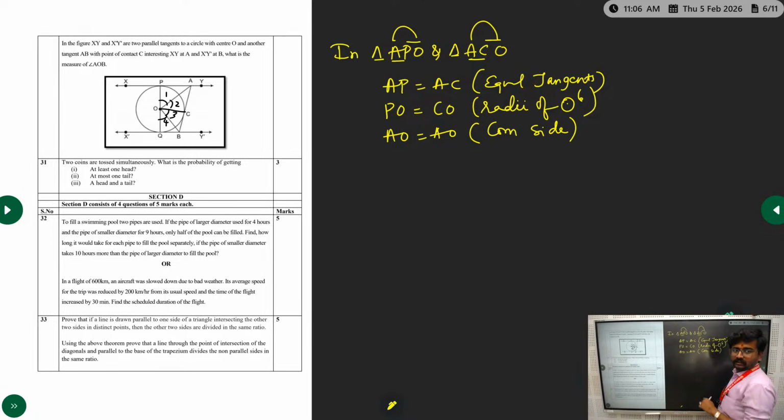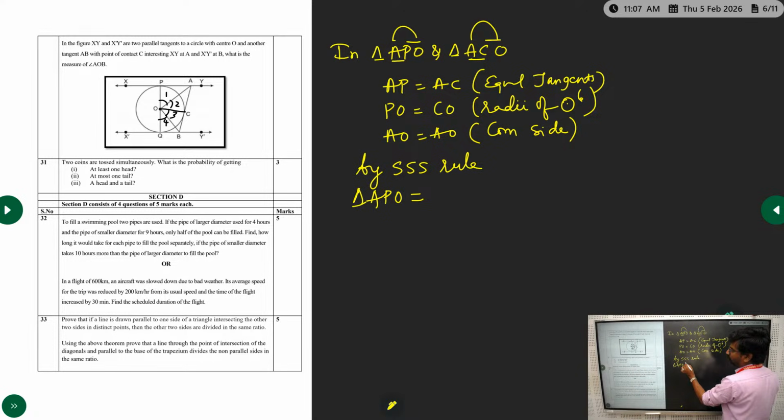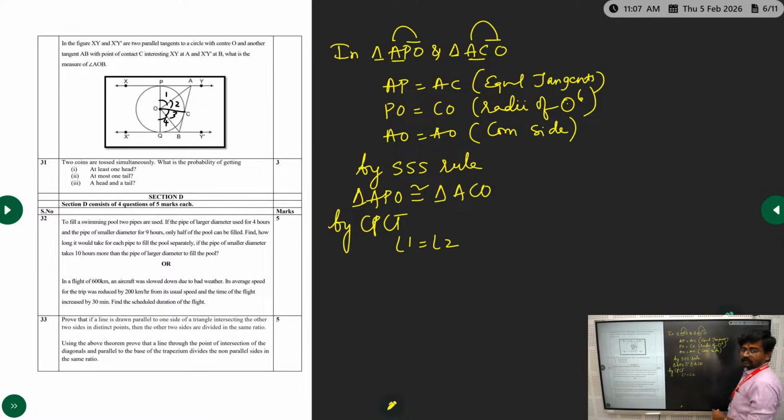Which rule did I apply? SSS. By the SSS rule, triangle APO will be congruent to triangle ACO. Then by CPCT, angle 1 is equal to angle 2. Similarly, we can prove angle 3 is equal to angle 4.